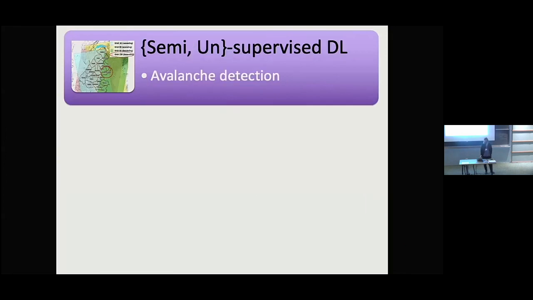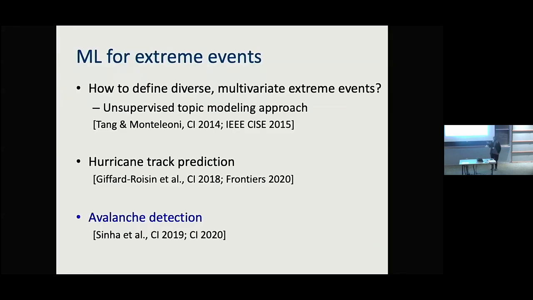So I'm going to talk about avalanche detection. Ultimately the detection part has to be a classification, so that is going to be supervised. So I'm going to have an entire pipeline that is semi-supervised, but I'm going to lean in heavily to the unsupervised part. And this is along a line of work where we're working on extremes.